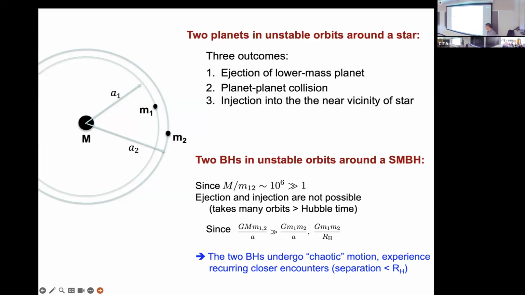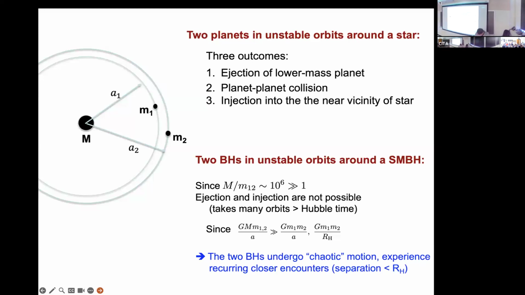So the result is that the two little black holes undergo erratic, chaotic motion in that region, not a regular orbit, and they will move around more or less forever. Occasionally they experience close encounters, with separation close to the Hill radius.